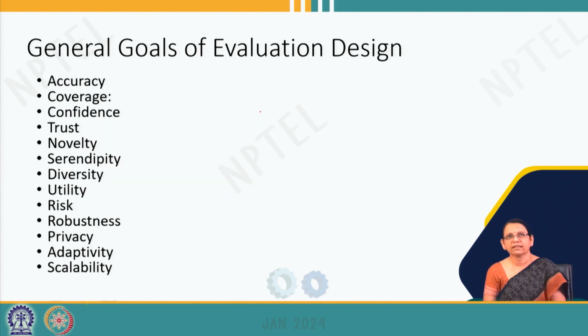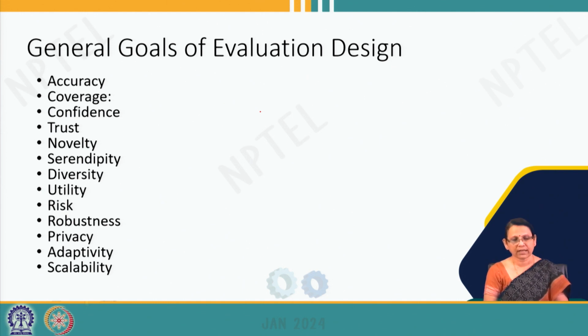So, these are the general goals of evaluation design. Accuracy is something which is mostly used, and in the offline setting it is computationally possible to calculate and get a numerical value for this.